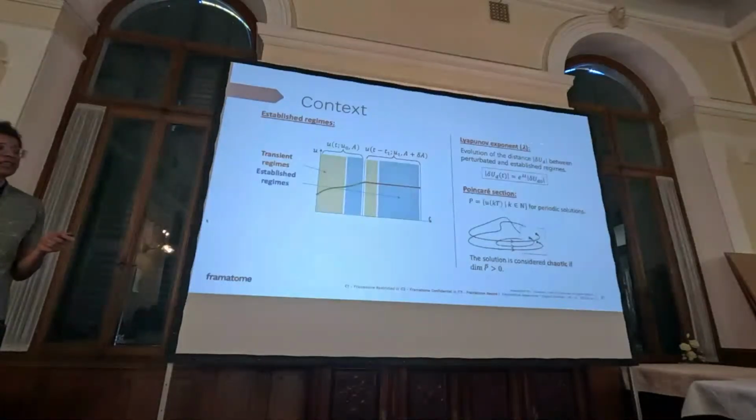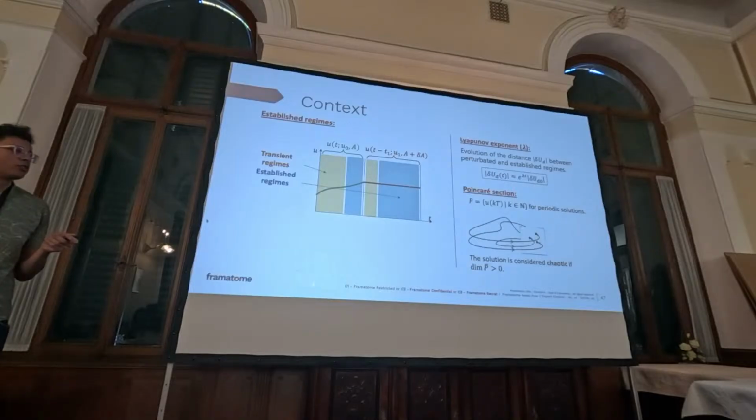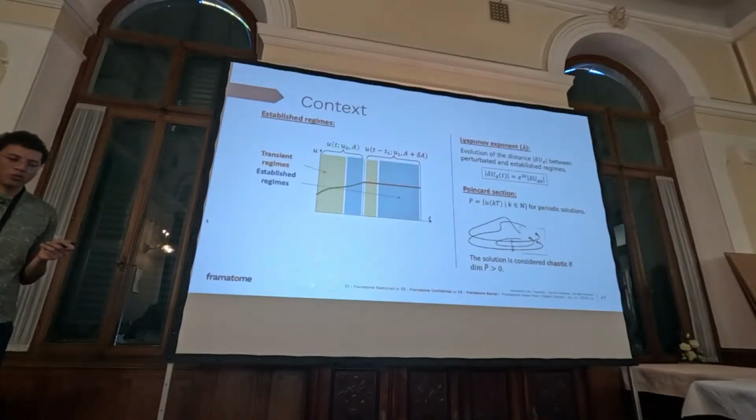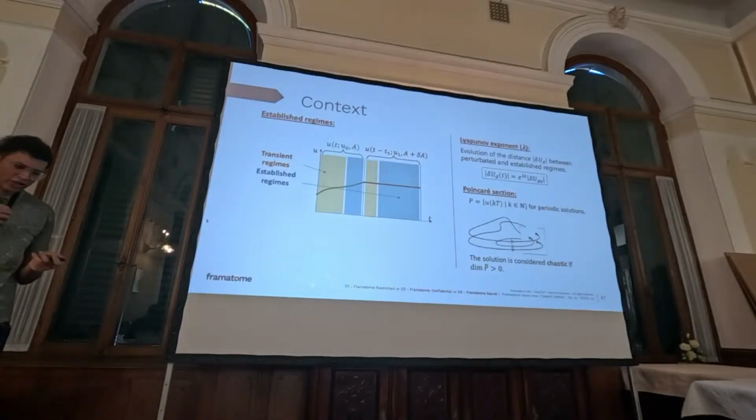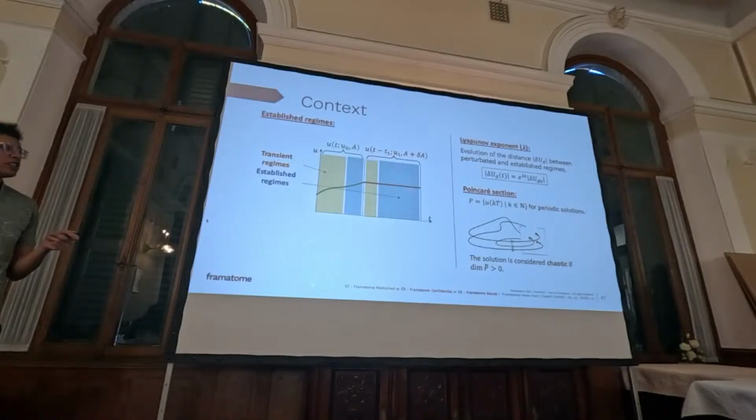If lambda is negative, then the perturbation goes to 0, meaning the solution is stable. If not, then the solution that we have is unstable, and that could characterize that even in the established regime we are in a chaotic solution and we are in a structure that is not punctual, and that is characterized also by the Poincaré section.